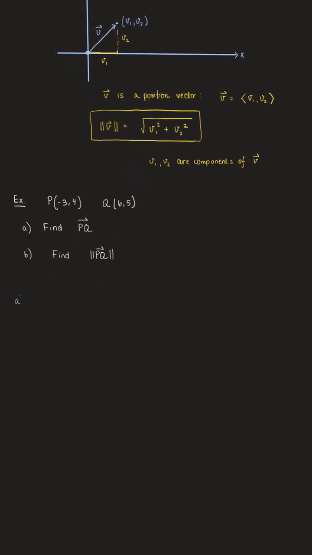All right, part A, to find our position vector PQ, we subtract corresponding components. Since the vector starts at P, we're going to subtract the coordinates of P from the coordinates of Q. So our vector PQ now will be a position vector.